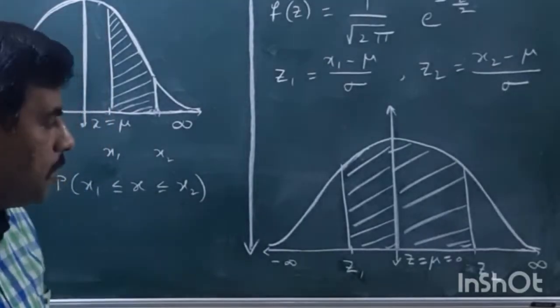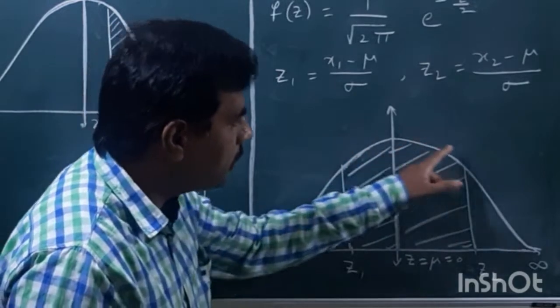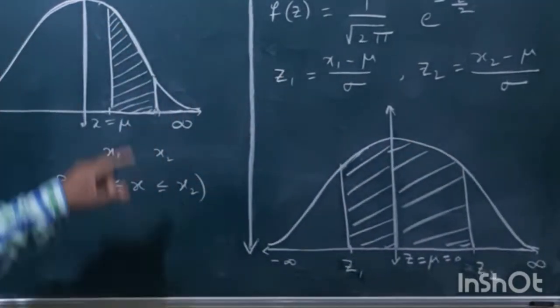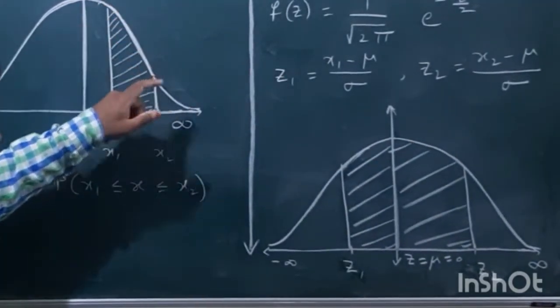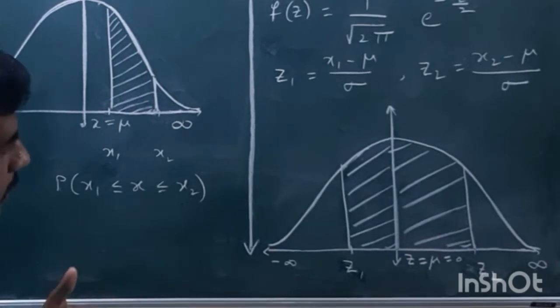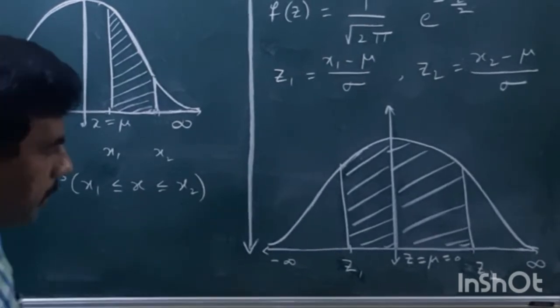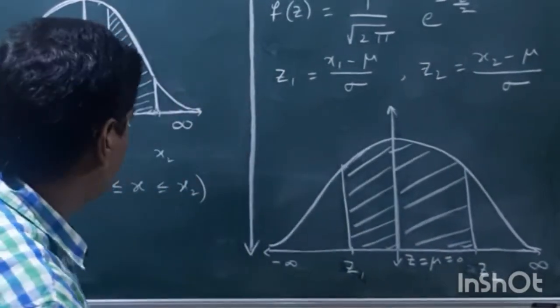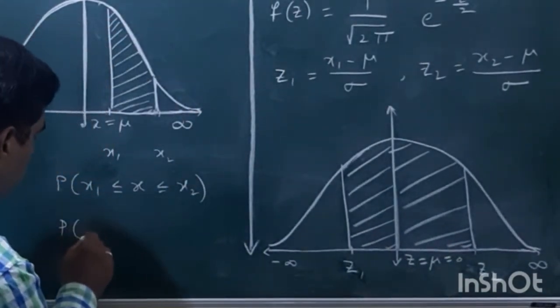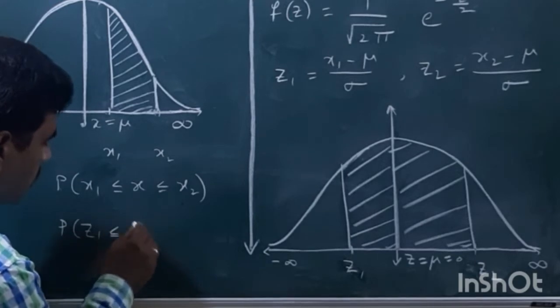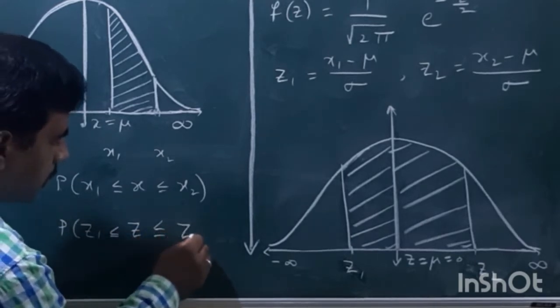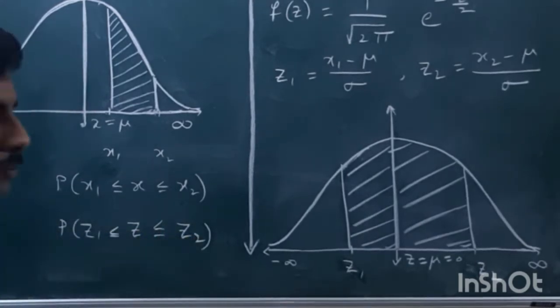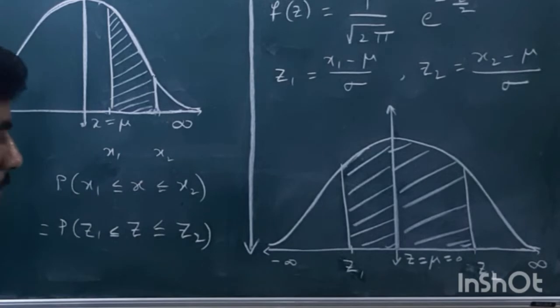Here remember that the area under this curve is equal to the area under this curve. Therefore, it is enough to find the area between z1 and z2, that is the probability z1 is less than or equal to z is less than or equal to z2. These both areas are equal, that is, these both probabilities are equal.